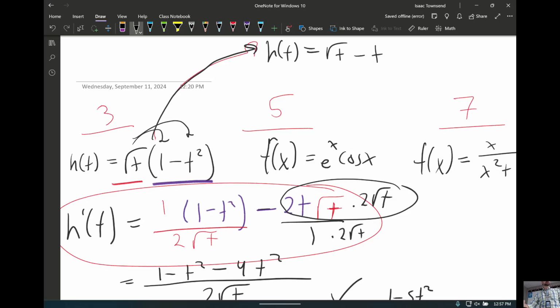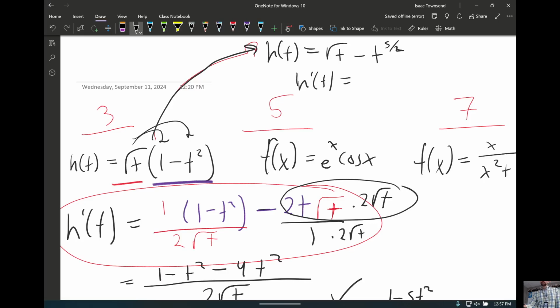Multiplying things with the same base, you add the exponents. And the reason I like to do that is because then this is an easier derivative for me to do, and this is an easier derivative for me to do, and it ends up being equivalent. So sometimes distributing makes sense, and then the calculus.